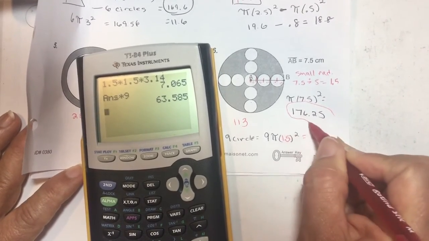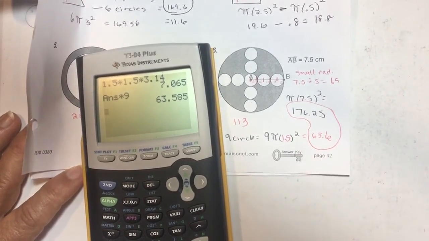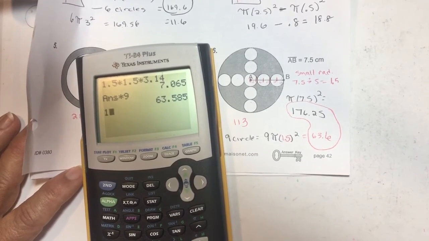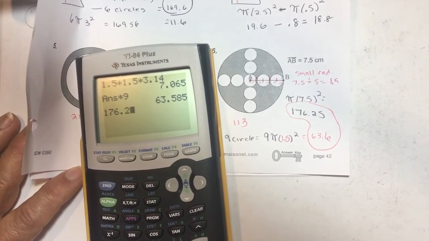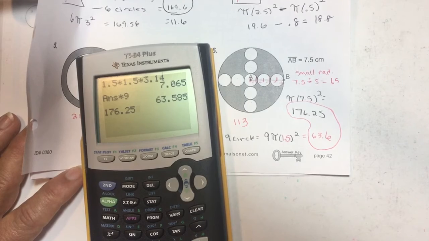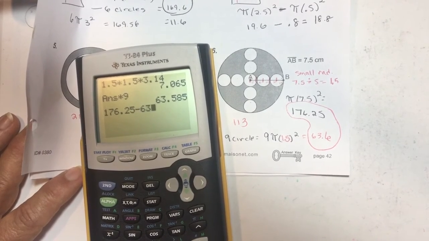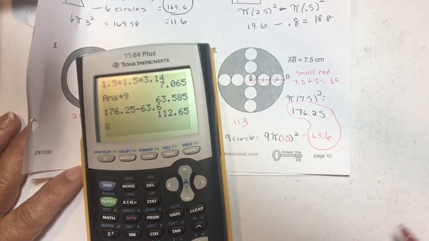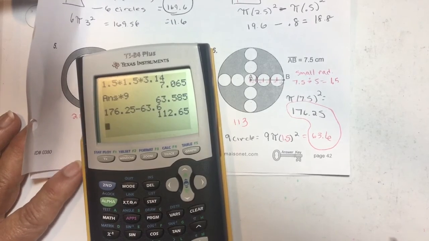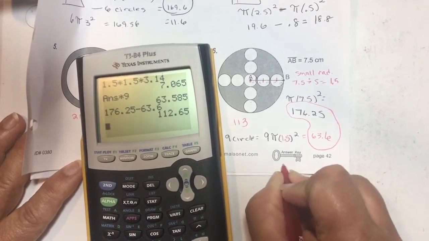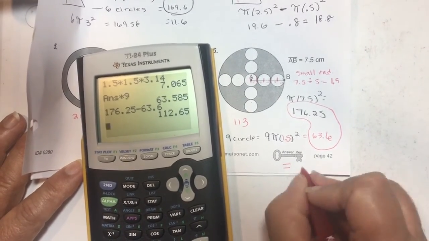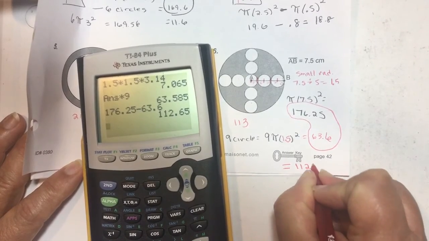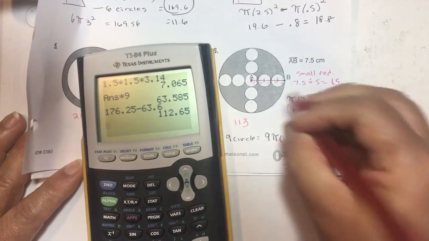All right, now I'm ready to subtract. 176.25 subtract 63.6, and I get 112.65. Now, I think if you were following the directions, 112.7 would be the best answer.